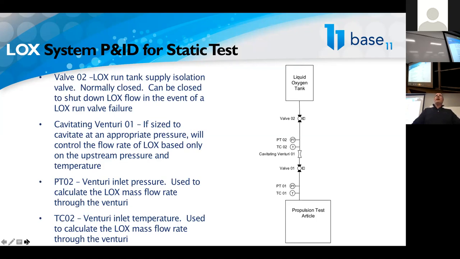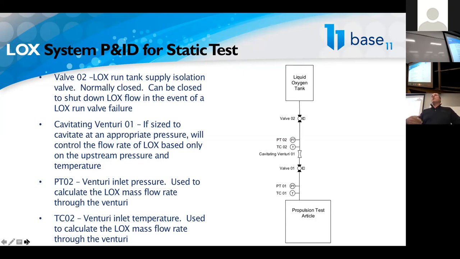If you use a venturi with a throat sized appropriately, you can control the pressure and temperature. Basically, you size the throat for the temperature of your fluid based on the density. You have to make it allow you to stuff the right amount of mass flow through it. But by simply controlling the pressure upstream of a cavitating venturi, you can control the flow rate independent of the pressures downstream.